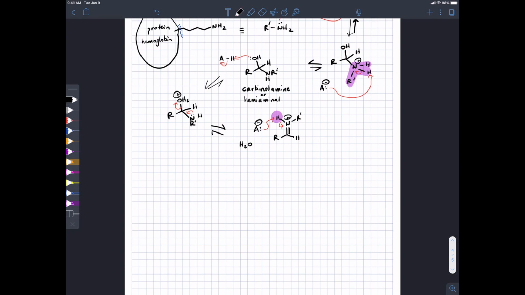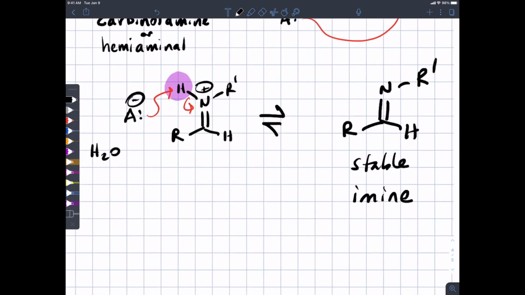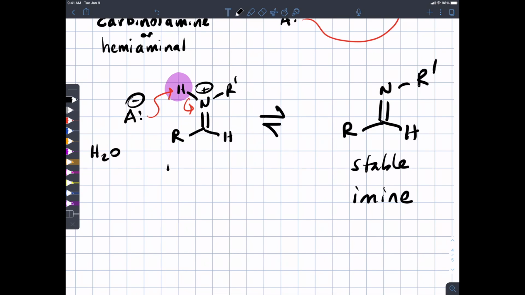So we remove the proton there, and then we get this neutral compound that is stable. And this is called an imine. Okay, not an amine, A-M-I-N-E, but an imine, I-M-I-N-E. And the ion that came before it that was positively charged is called an iminium ion.